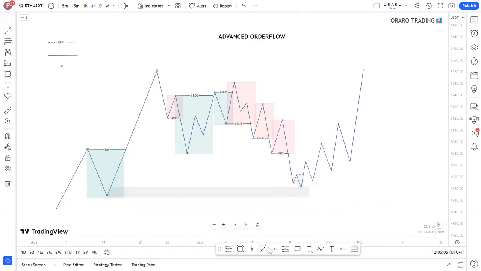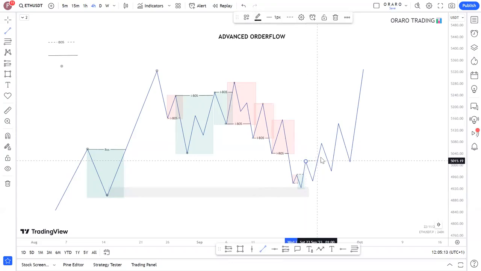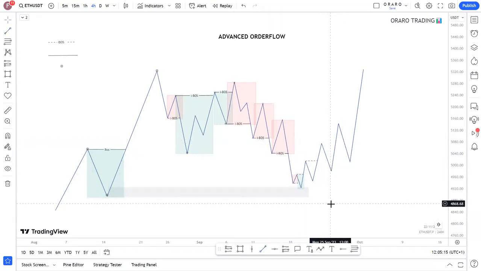We switch bullish. Then we now have this new break. This still remains our internal high. You know we are still inside of the range.